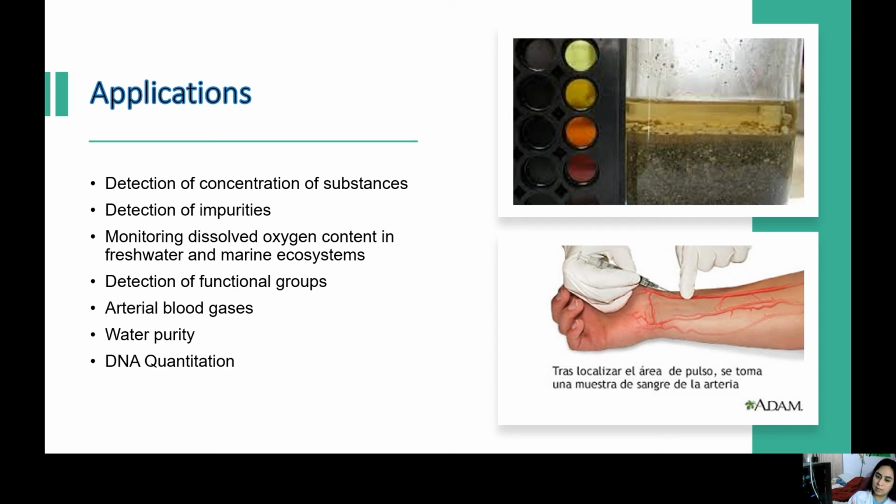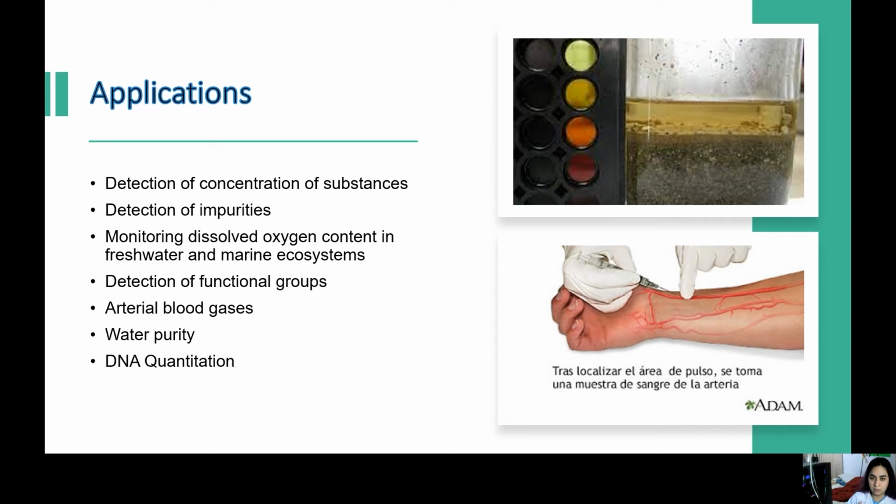And now that we do the spectrophotometry, we can see if there's another compound that also absorbs the light. The most important for me is that we can detect the presence of gases in blood. And these gases are transported by the hemoglobin.